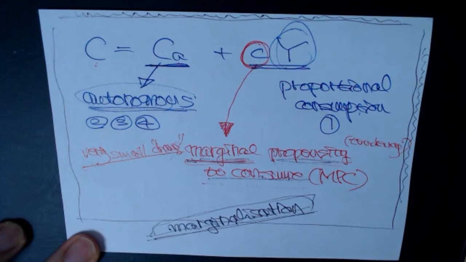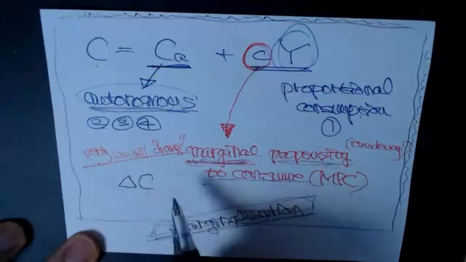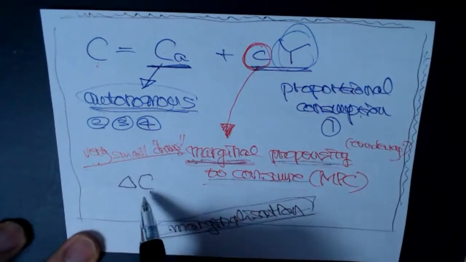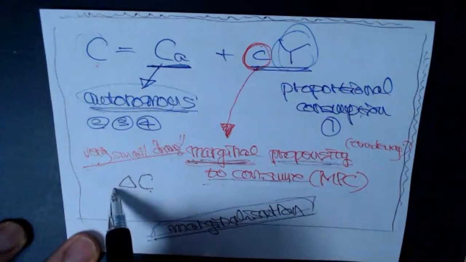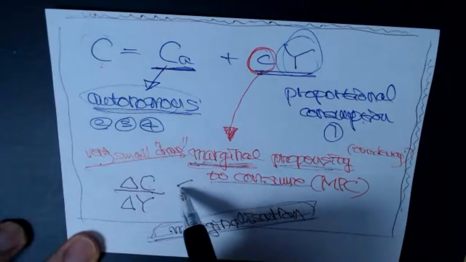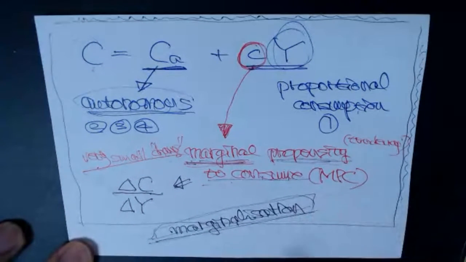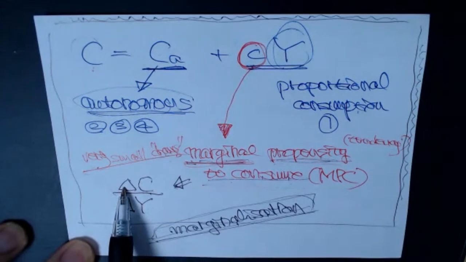Numerically, we can describe it in this way. Changes in C, where this C is capital letter, meaning total consumption, divided by changes in Y. This is the formula for MPC. So what does this formula mean? Delta means changes, right?